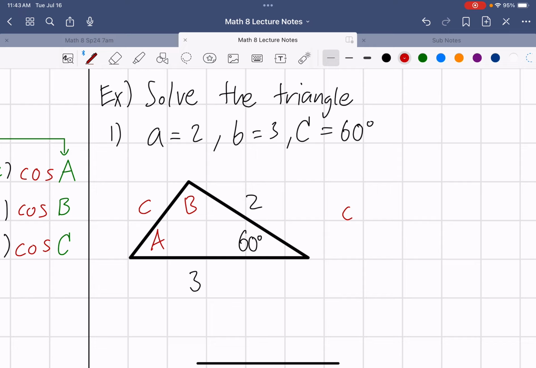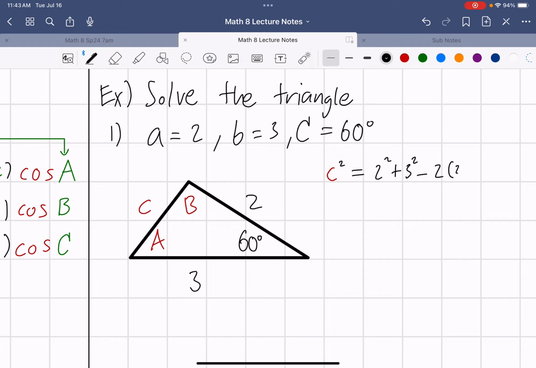So if we start with C, we square C. And remember, it's going to be equal to the sum of the two opposing sides squared. So that's going to be 2 squared plus 3 squared minus, now I'm going to double the product of these two sides.